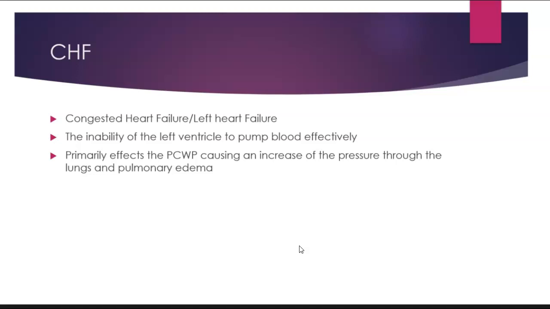So in congestive heart failure, the primary thing affected is what we measure in that left ventricle, the PCWP, the pulmonary capillary wedge pressure. The pulmonary capillary wedge pressure increases.